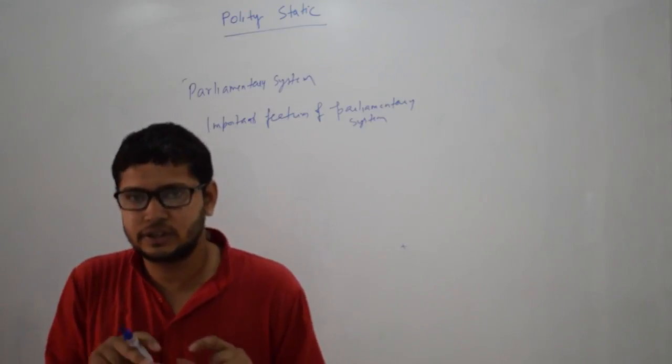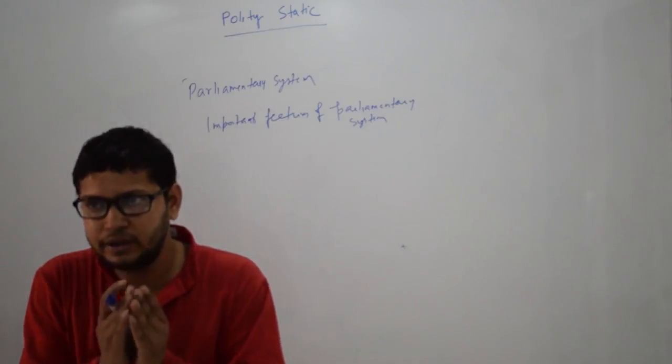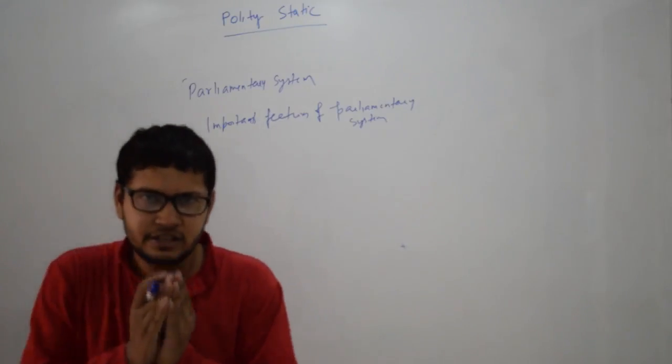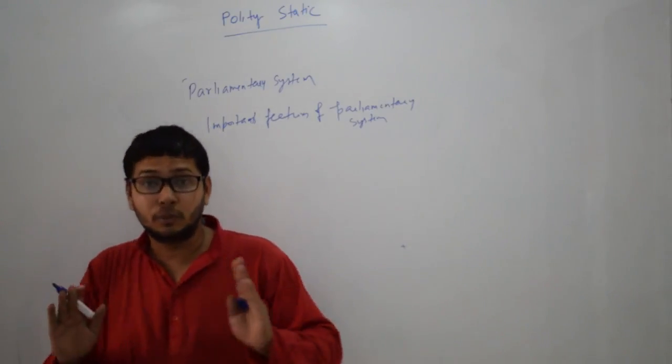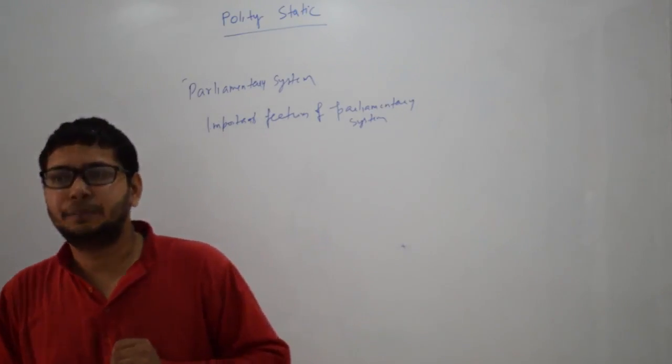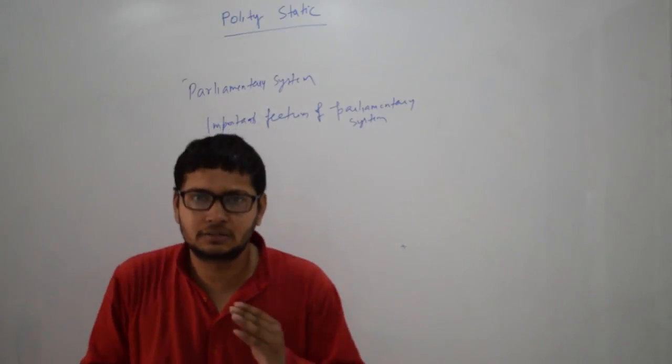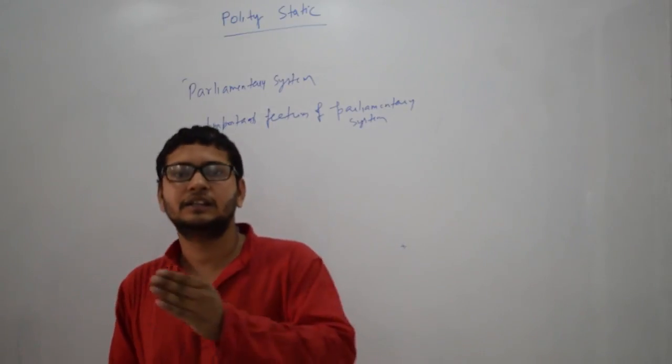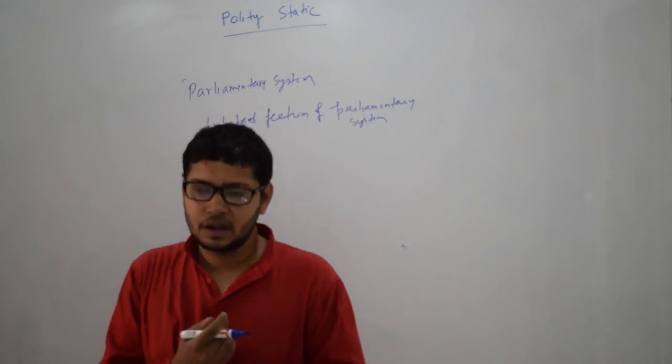What is the feature? Because there is a very basic difference between the presidential form of government and the parliamentary form. Both are democratic, but aspirants tend to make mistakes while selecting presidential and parliamentary systems.